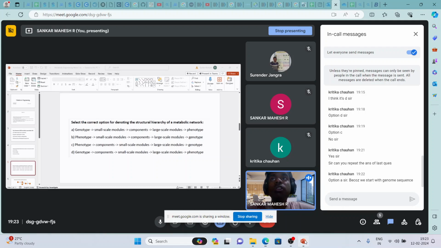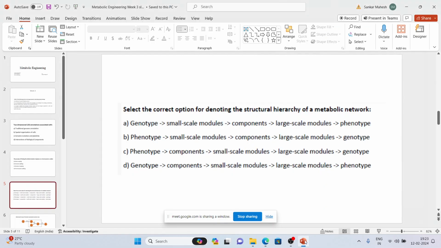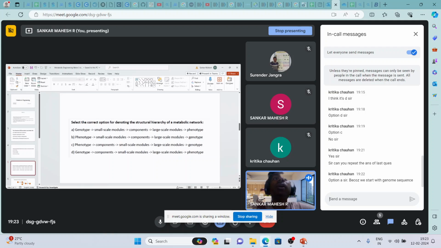It is true that we start with genome sequences, but from the genome sequence we get the genotype. So from this we know the ORFs and we assign functions. When we assign function, we are able to restrict the length and say this region to this region is involved in a particular function that forms the components.